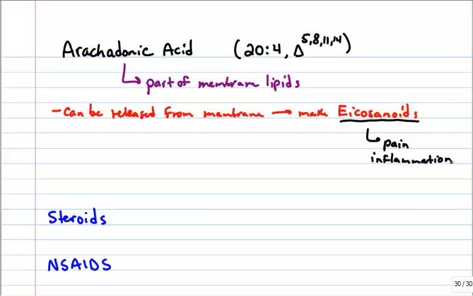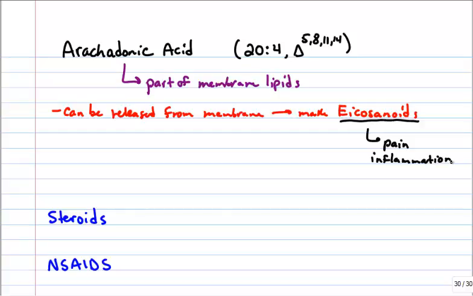If you have some type of illness or infection, then you get inflammation. You may get it in different parts of your body.